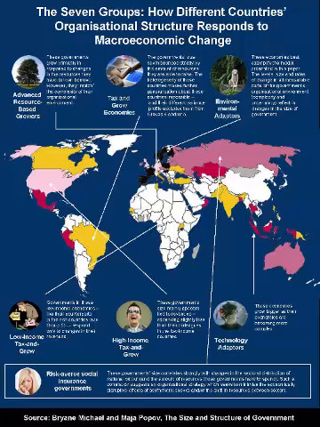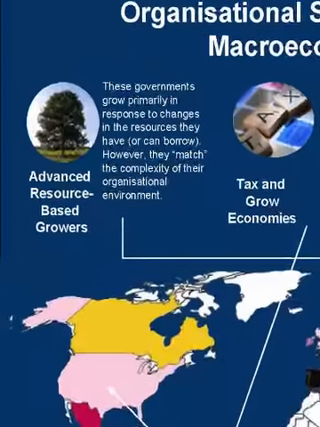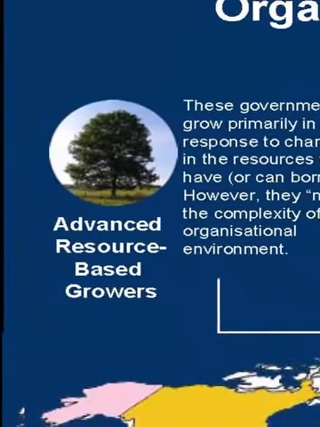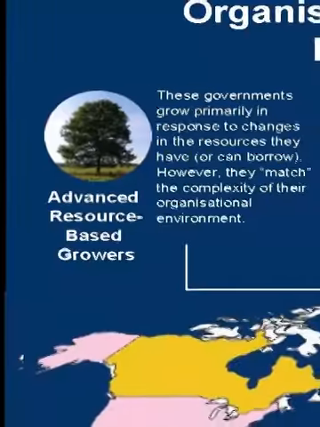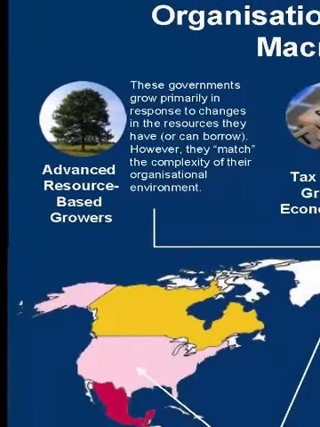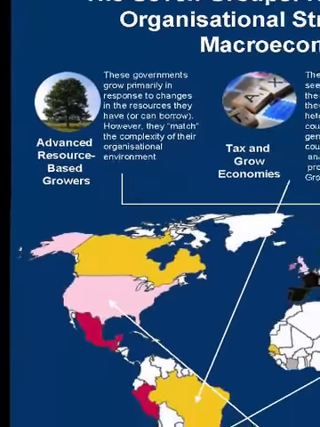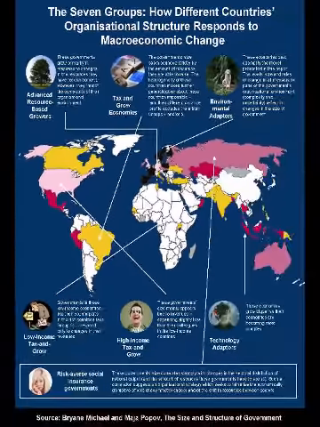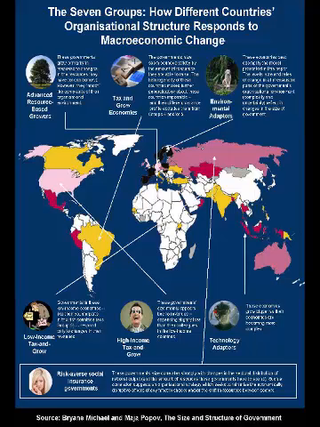The first group of governments we call the advanced resource-based growers. This group of governments tend to change their government's organizational size and structure in relation to the resources that they receive, but also in relation to changes in the macroeconomy. As such, this group can be characterized as having a mixed model or mixed approach of organizational structural change.